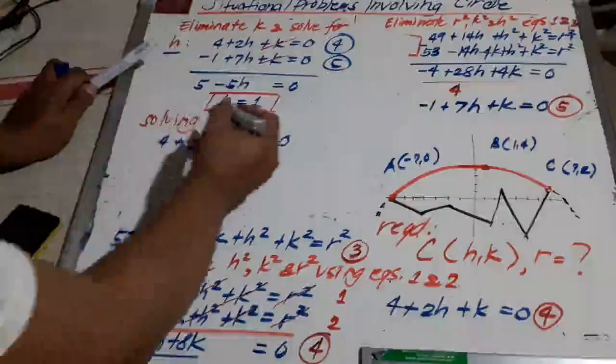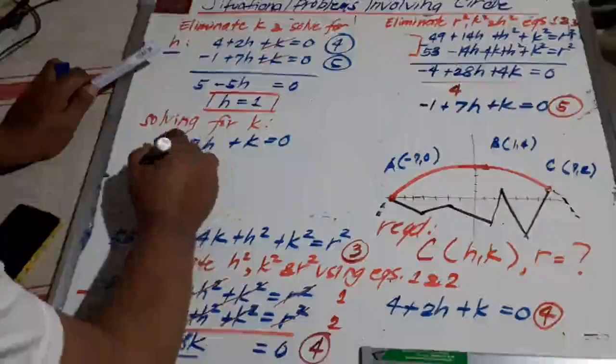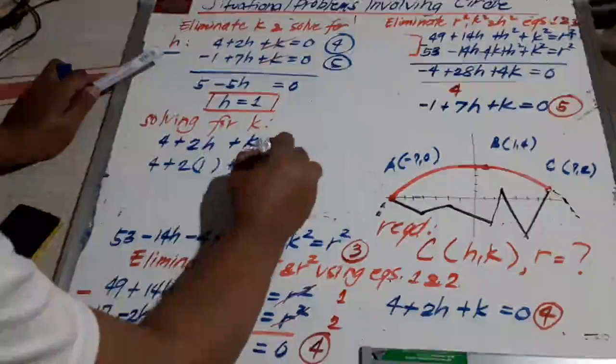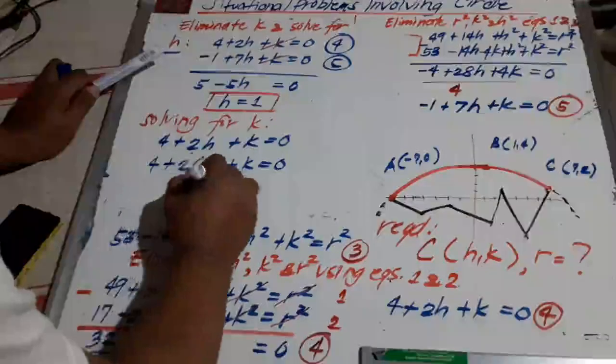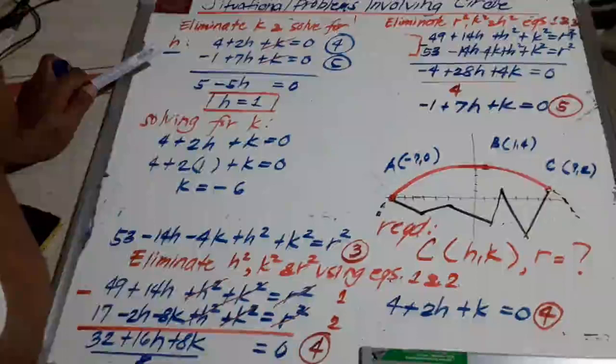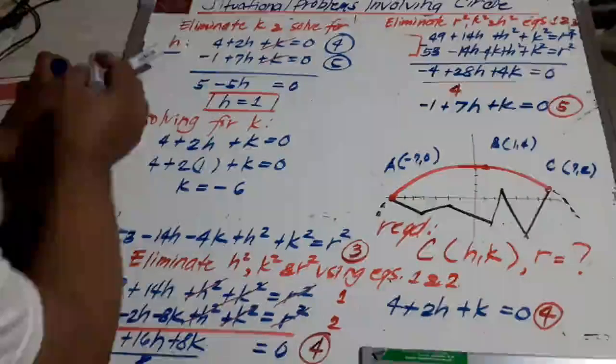Okay. Value of H is 1. Therefore, 4 plus 2 times 1 plus K equals 0. Therefore, K equals negative 6. Tama? Okay. 4 plus 2, K equals negative 6.